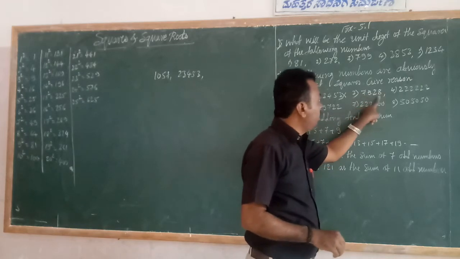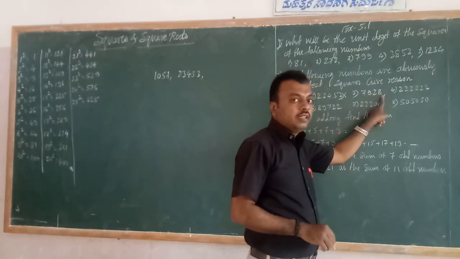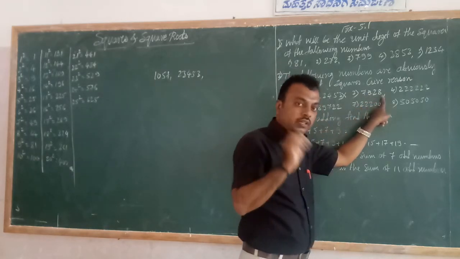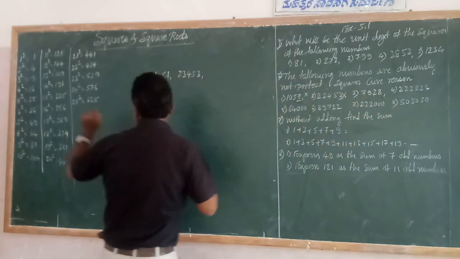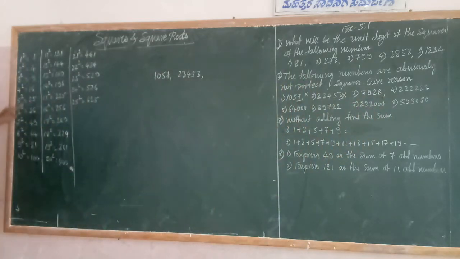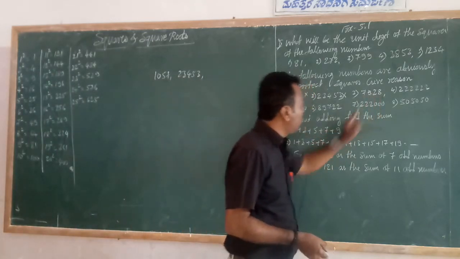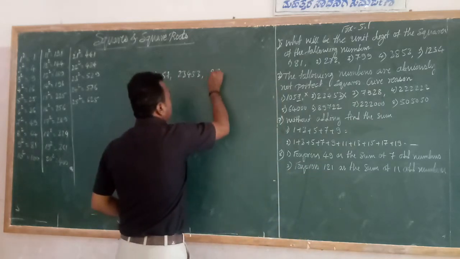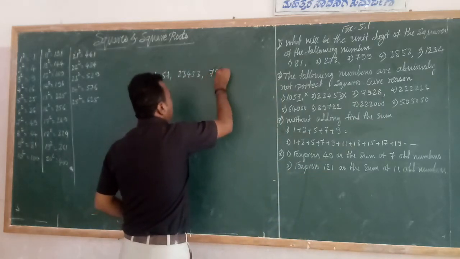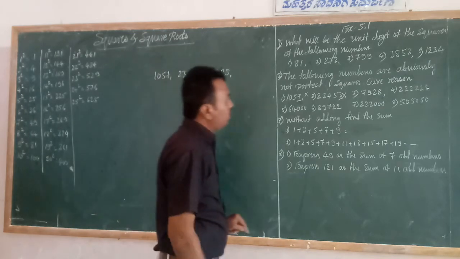And 7928. The ending digit 8 is there. So it is also not a perfect square number, because is there any ending digit 8 in the first column? Nothing is there. So that's why 7928 is not a perfect square number.